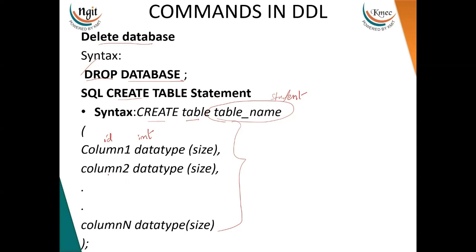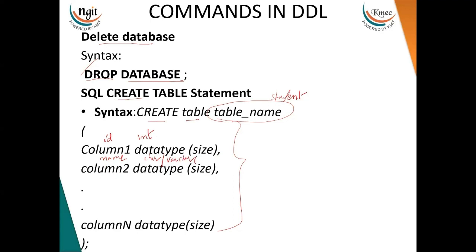Comma symbol, and you can give any number of attributes over here. So let the second column name be name, and the name is a collection of characters. So the type of this column can be char, or you can also write it as varchar.